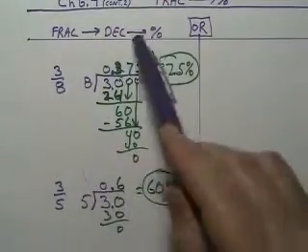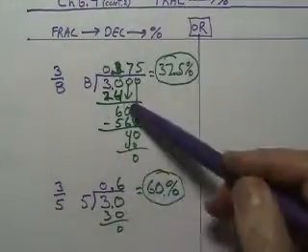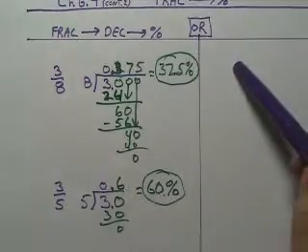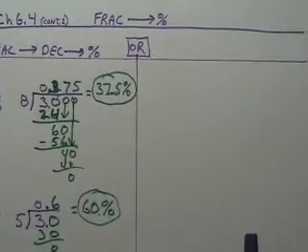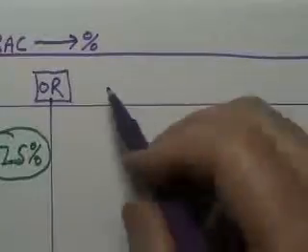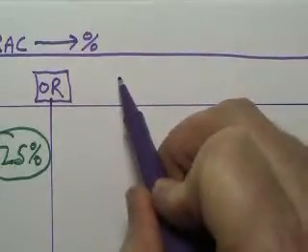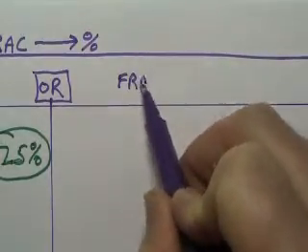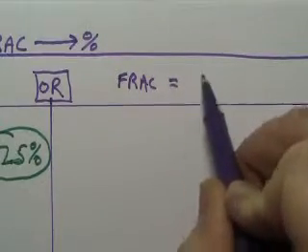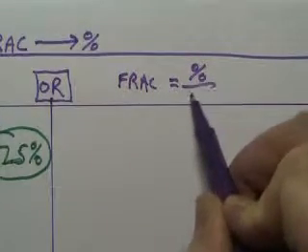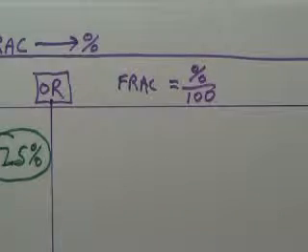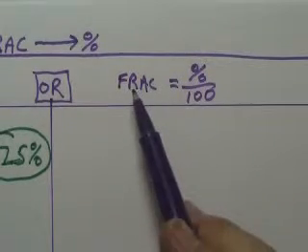Now sometimes this method is easy, depends on the problem, other times it's not. Here's another way we'll do the same problem, to the right. Basically we're going to use a proportion. We're going to say the fraction equals percent over 100. This is how we're going to set the problem up.